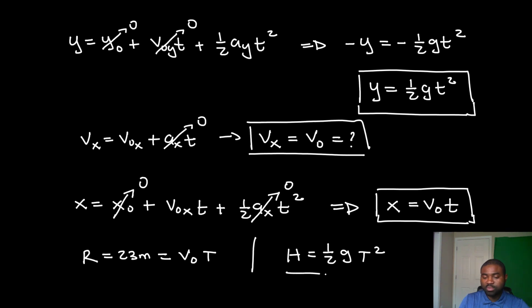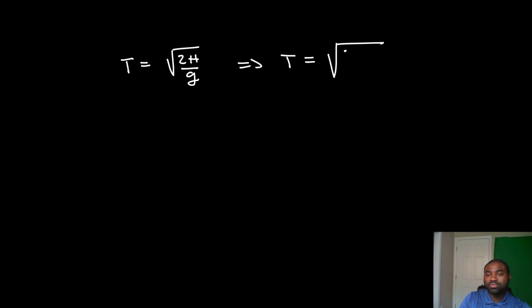So using this expression, we can calculate capital T and then substitute it in this expression to determine V naught. So T will be equal to the square root of 2h over g, which would mean that T is equal to the square root of 2 multiplied by 12 divided by 10. This is 24. So T essentially is just the square root of 2.4.